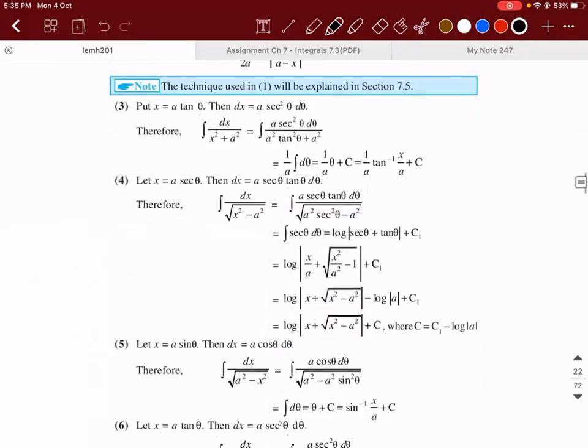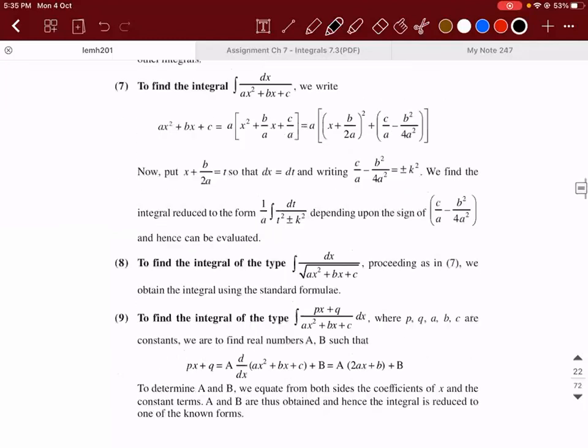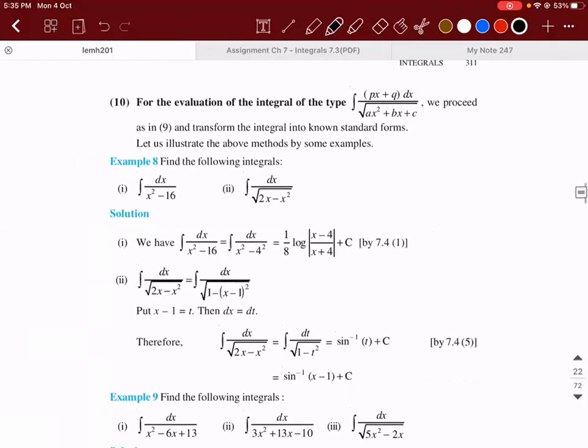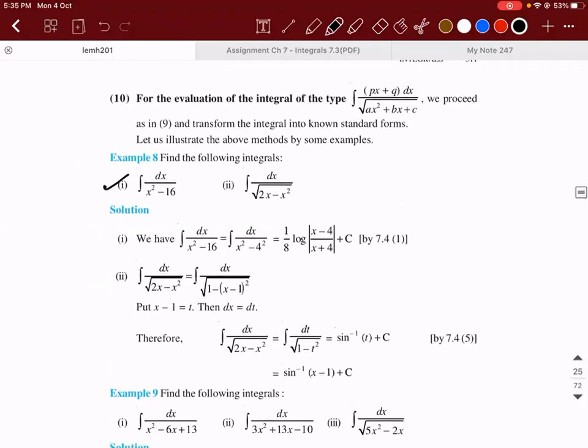Okay. Now you have the set of all formulae. We will try them out in these problems. Let's do some simple problems. Integral of dx by x square minus 4 square. So integral of dx divided by x square minus 4 square. So what will it give?